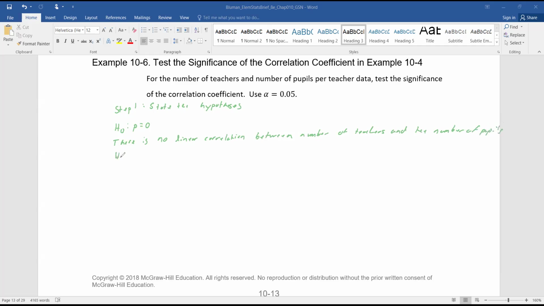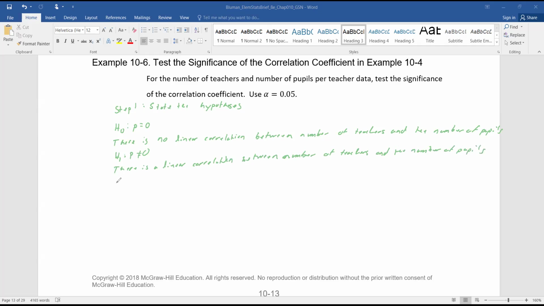The alternate hypothesis basically states that it's not equal to 0 and that there is a linear correlation between the number of teachers and the number of pupils.